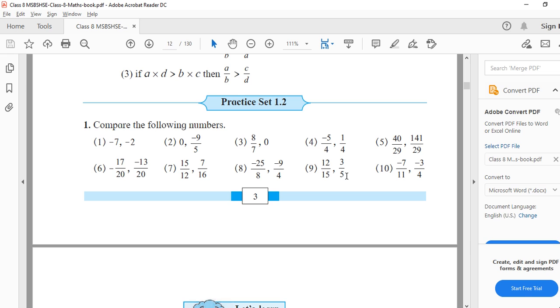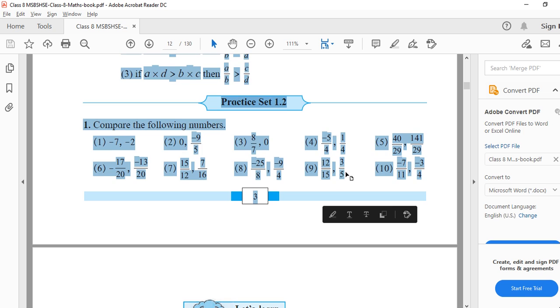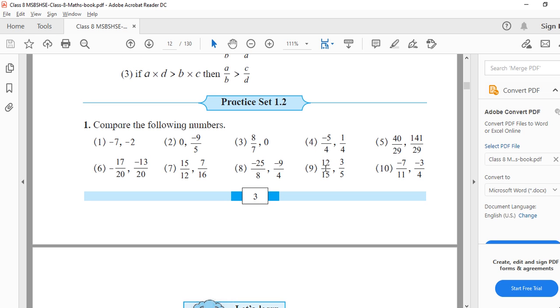So we can just quickly go through. 12 5 is 60, so your left hand side will be 60, correct, and 15 3 is 45, your right hand side is 45, so this is your bigger number. I'm just telling you by just seeing and calculating it roughly.